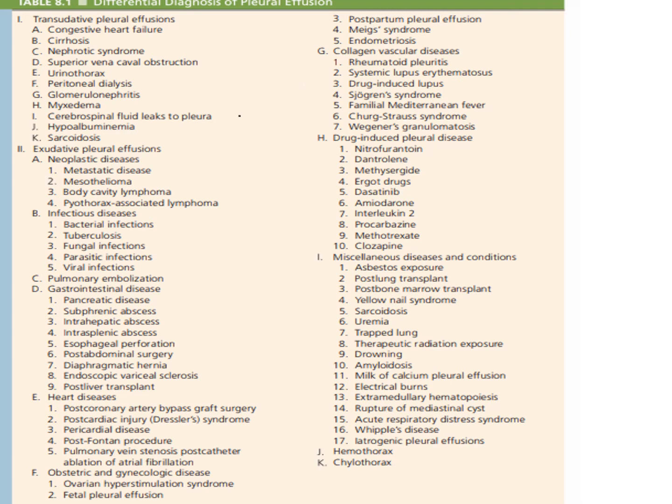Few drugs, dasatinib, nitrofurantoin, dantrolene, and methotrexate, can also lead to pleural effusion. And obviously few miscellaneous causes like asbestos exposure, post-lung transplant, then drowning, then acute ARDS, then iatrogenic pleural effusions, and not to miss hemothorax and chylothorax.